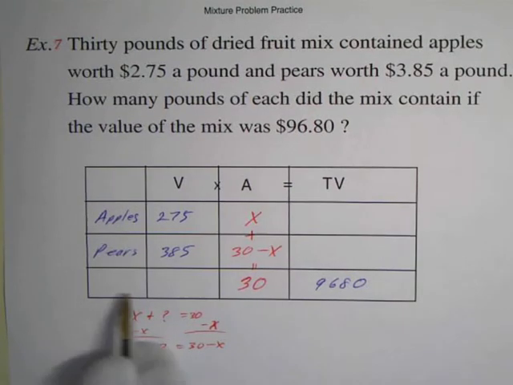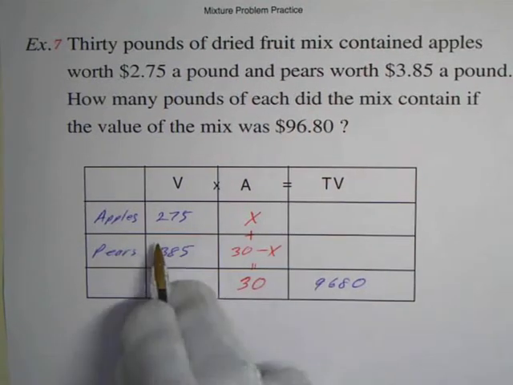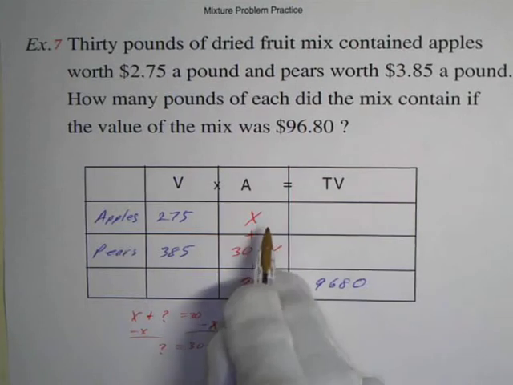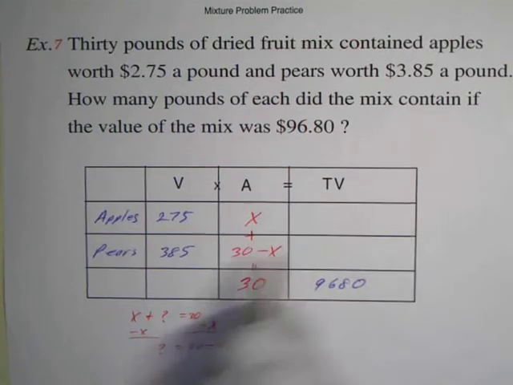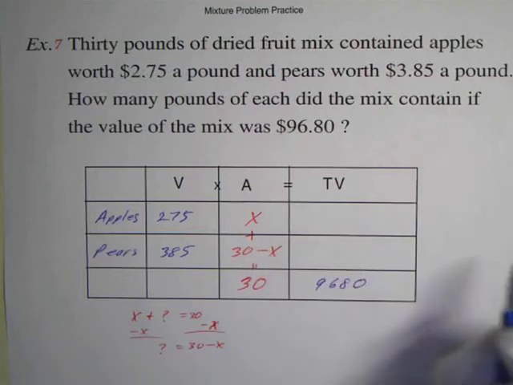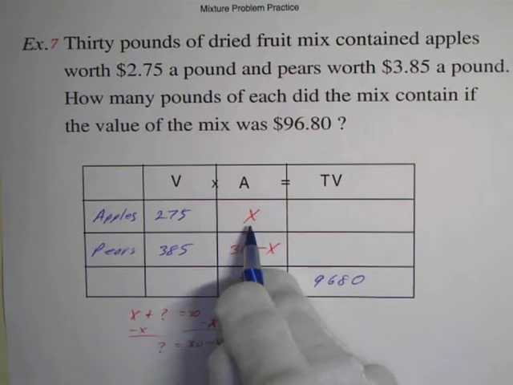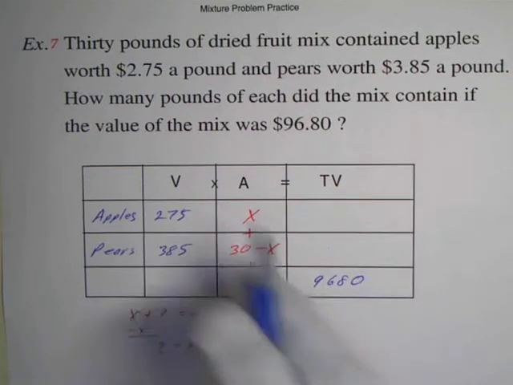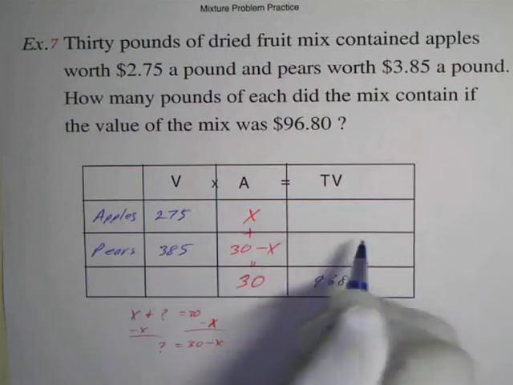And we're not really doing anything with this, but we're going to use this to find the value for the apples and the value for the pears. So we multiply across. So this many pounds of apples will be worth 275 times the number of pounds.